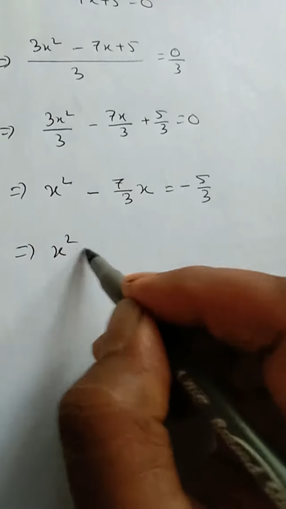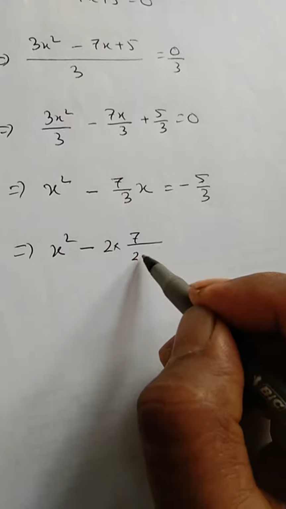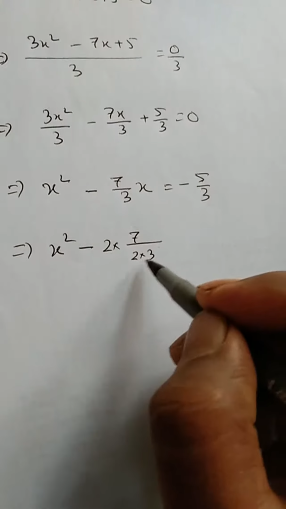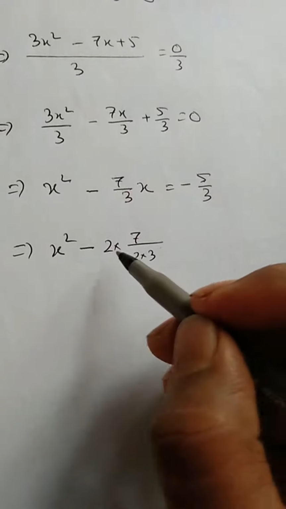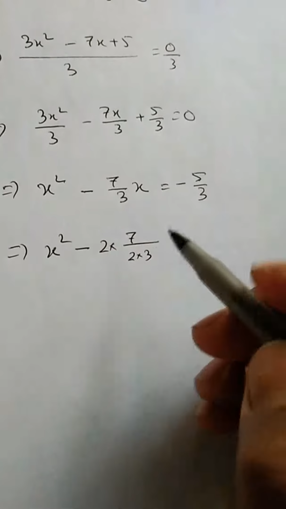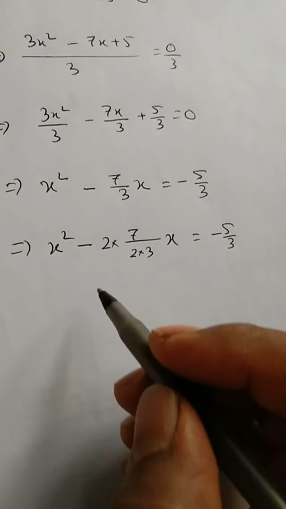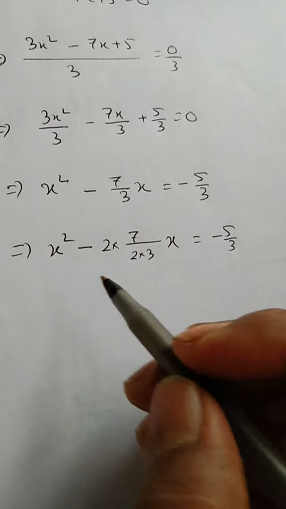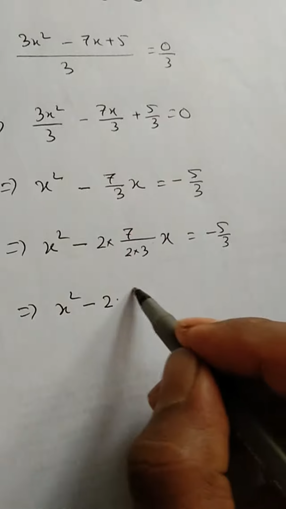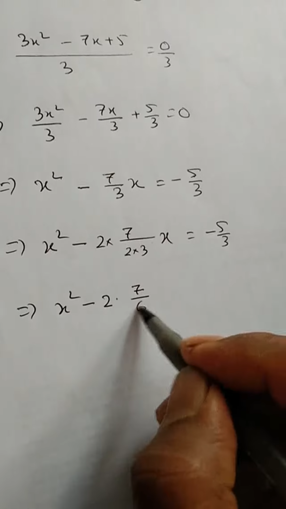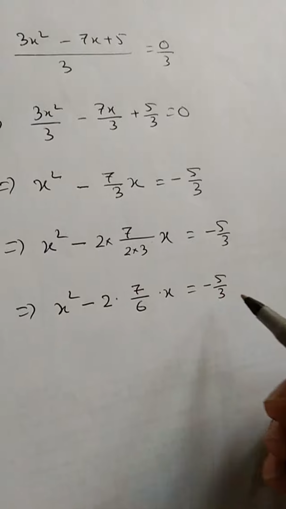So this will be x square minus 2 into 7 by, along with 3 we will have to multiply 2, because we have multiplied 2 here also. So that this is again 7 by 3 equals to minus 5 by 3. And now this will be x square minus 2 into 7 by 6 into x equals to minus 5 by 3.